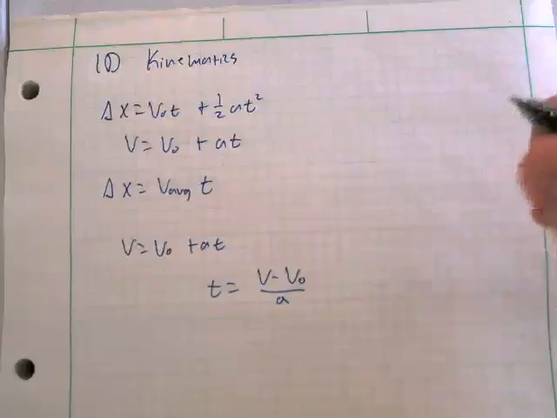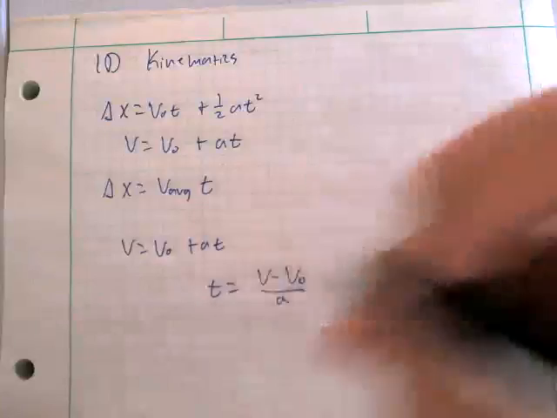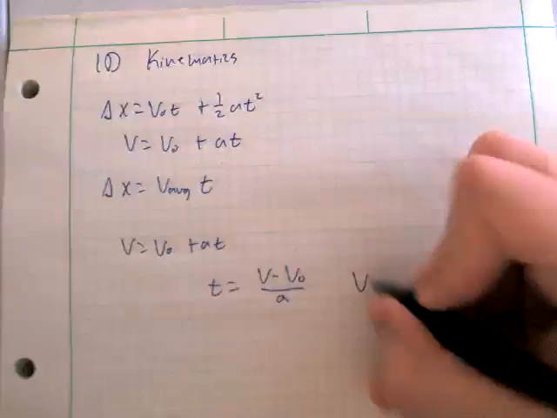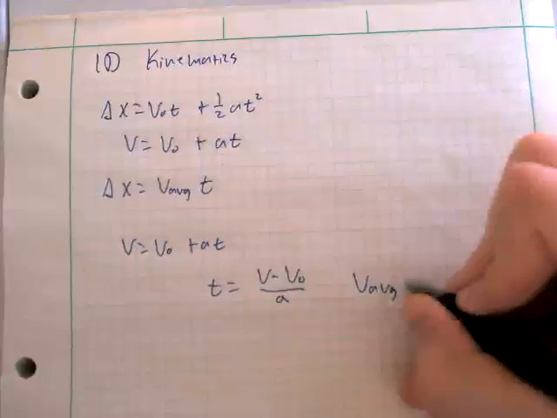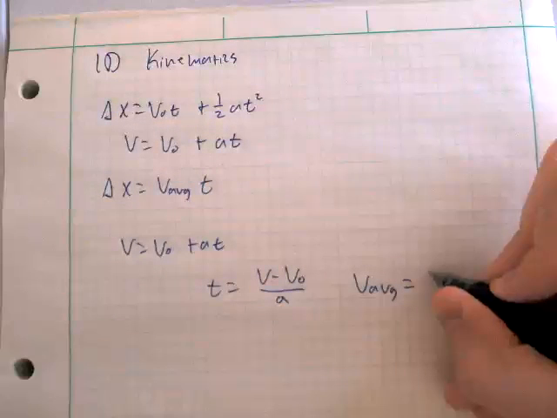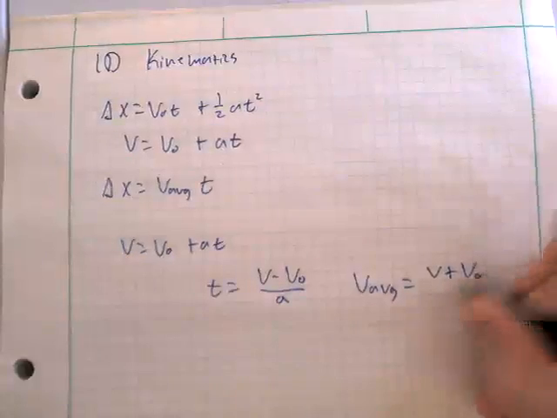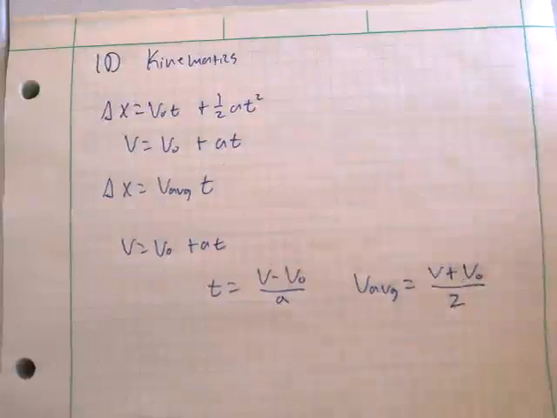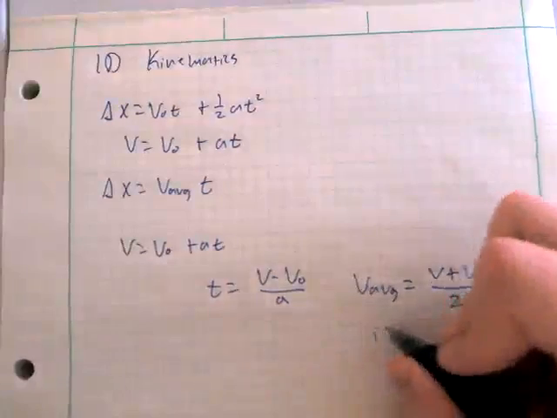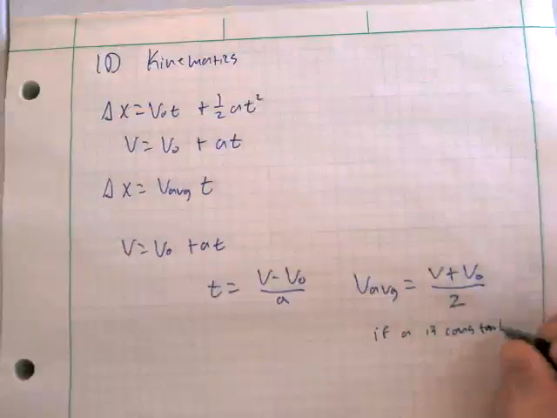Another thing that we can do quickly is we can rewrite our average velocity. So how else can we rewrite average velocity? V average is also going to be able to be written as v plus v naught divided by 2. So this is if a is constant, right?